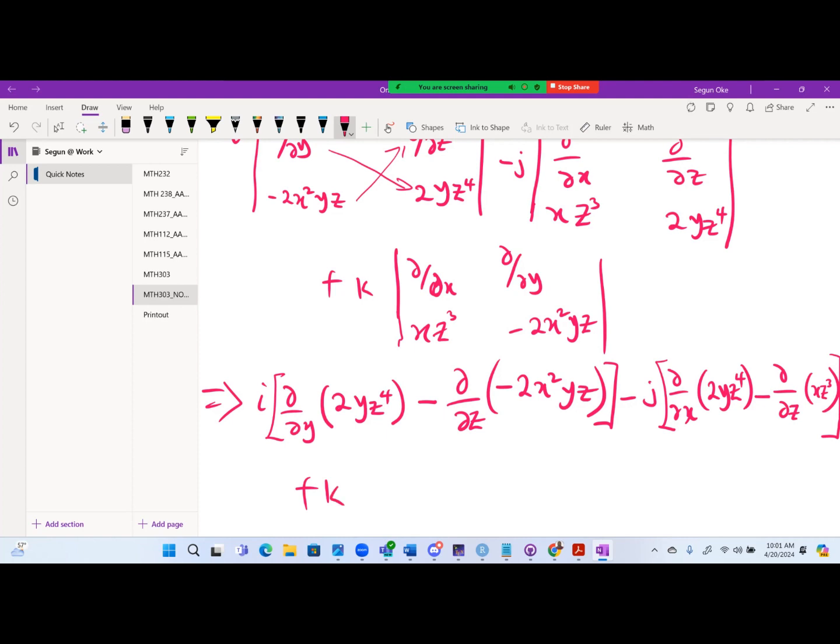Then plus k, d/dx of minus 2x²yz minus d/dy of xz³.